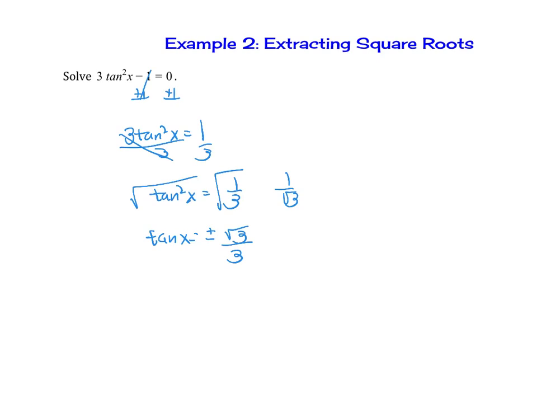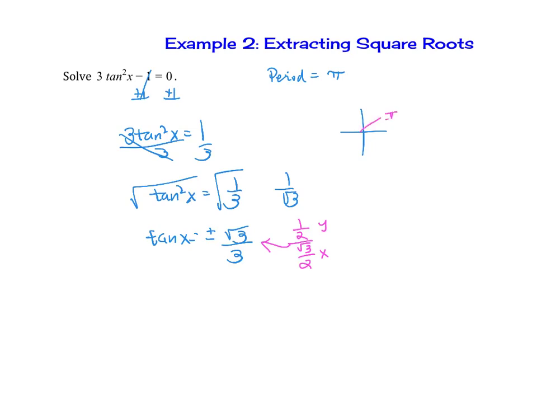Now think about, what is the normal period for tangent? The normal period for tangent is pi. So that is what we're going to add to our answers when we find them. When is tangent of x equal to root 3 over 3? I always think that has to be 1/2 over root 3 over 2 in order to get this answer. So my y is a half, and my x is root 3 over 2.